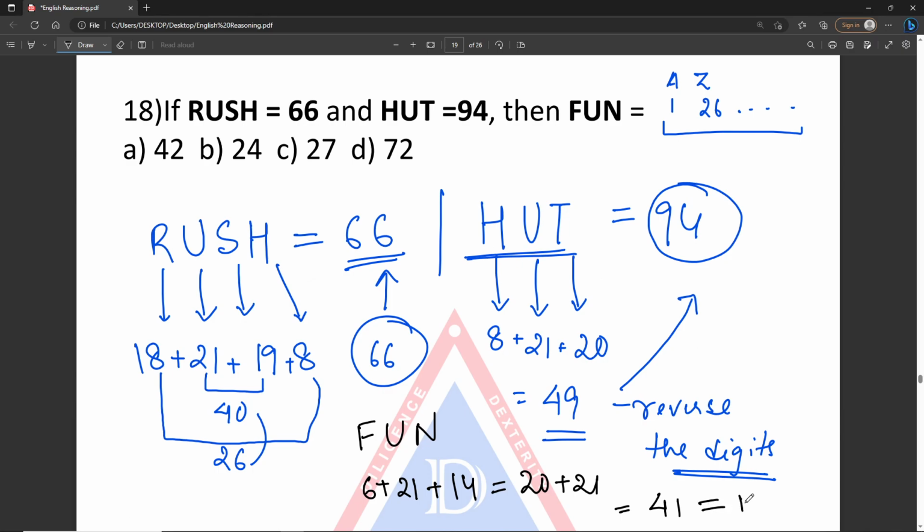So the answer should be 14. The options are wrong. So the answer is 14. The answer for this question is 14. Don't go with the options. The options are wrong.